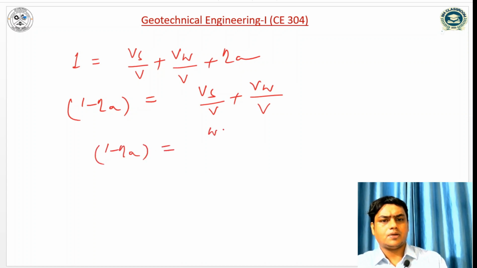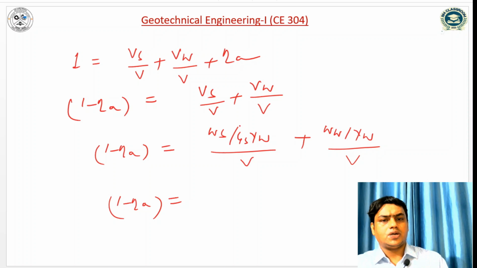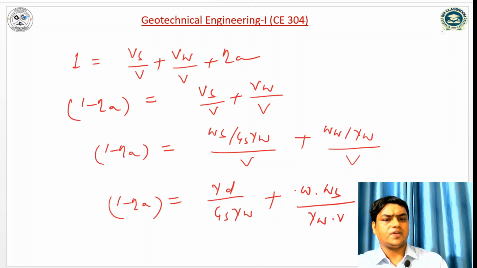Volume of solid can be written as Ws by Gs gamma W divided by V, plus volume of water can be written as weight of water by unit weight of water divided by V. So 1 minus na is equal to Ws by V, which is the dry density, so gamma D divided by Gs gamma W, plus weight of water by V. Weight of water can be written as w into Ws divided by gamma W into V, because we know that water content is equal to weight of water by weight of solid.